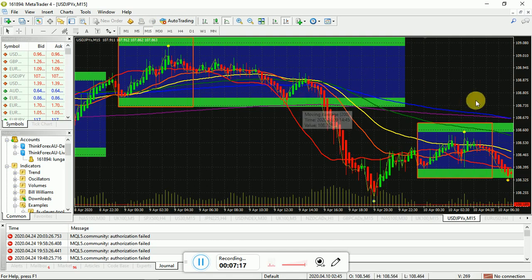This indicator here is called the breakout pancake, which I recommend that you download if there's a way that you can. This is called the breakout pancake. What it does is it encloses the rebound market within the box.